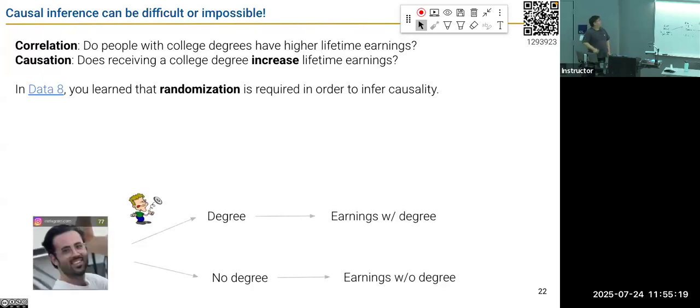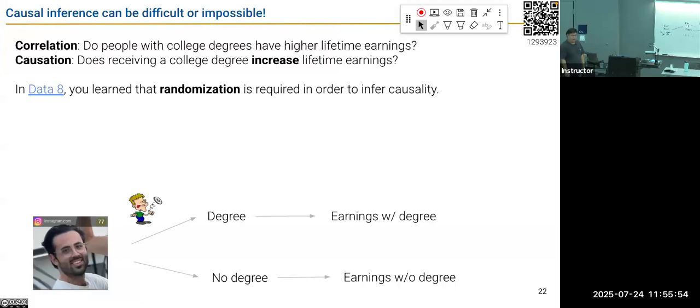So if you want to carry out this causal inference problem, you randomly assign each participant, for example, the avatar of Josh on Instagram, to one of two groups, whether they get a degree or not. Then you keep track of their lifetime earnings either way, and you do this for many participants. That's how you establish causality.